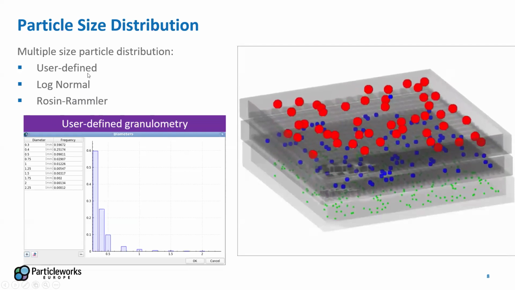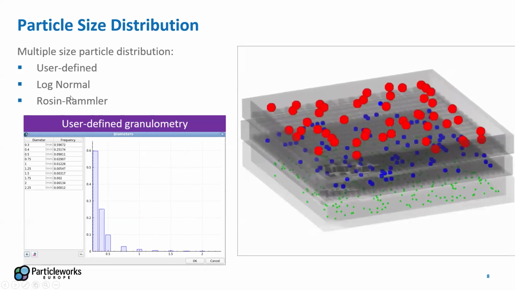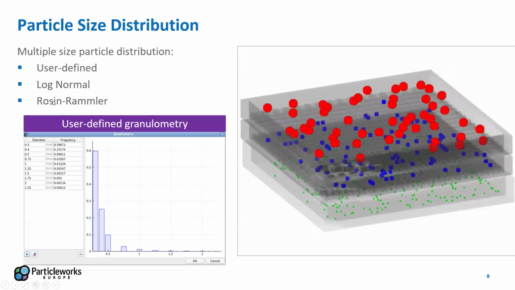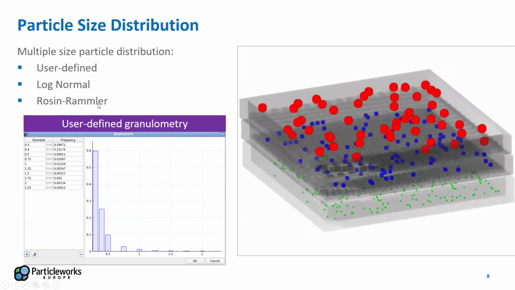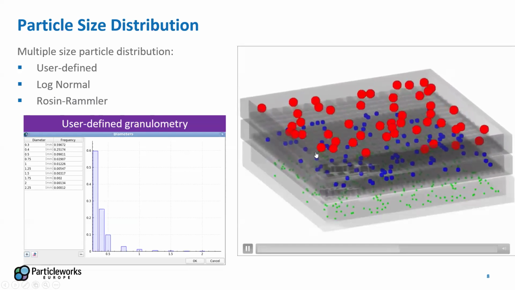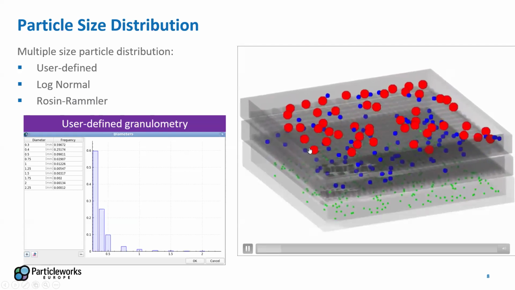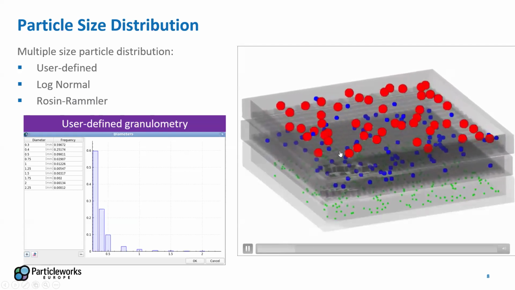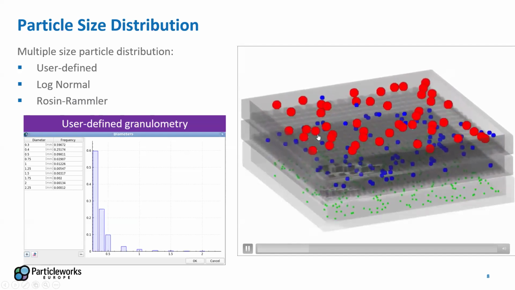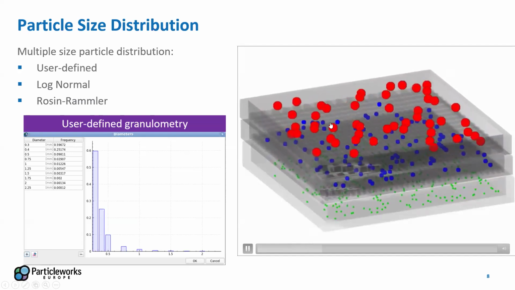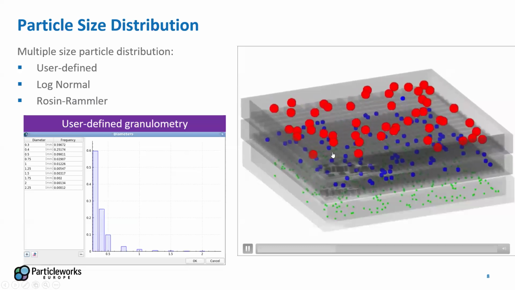Those can be user-defined or also log normal, or, let's say, some other standard particle size distribution. So as you can see here, we have a shaker and a multi-step filter for powders, and based on the dimensionality, some particles can flow through while others get stuck.